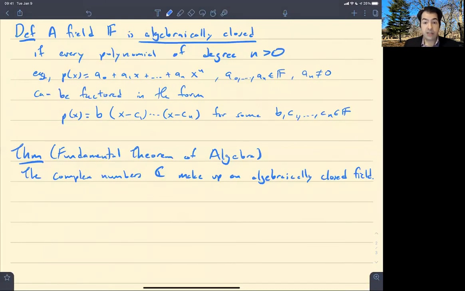Okay, so over the complex numbers, every polynomial, we say, splits into a product of monomials.